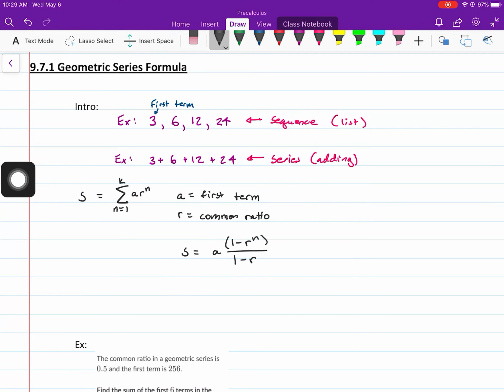So our first term in this example would be 3 times 1 minus, what's our common ratio? Well, we're multiplying by 2 each time, so we're going to put 2. To what power will we have? 1, 2, 3, 4. So n is the number of terms. Let me just specify that.